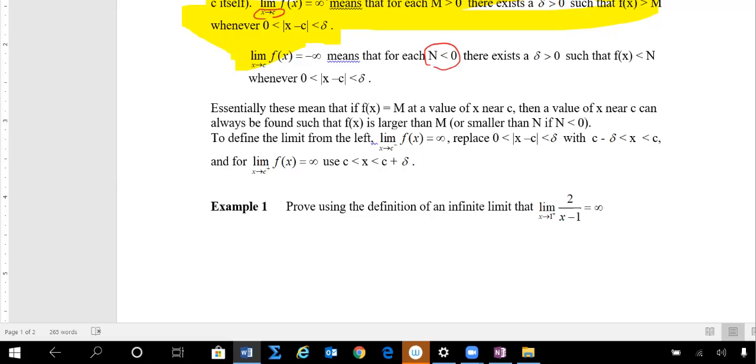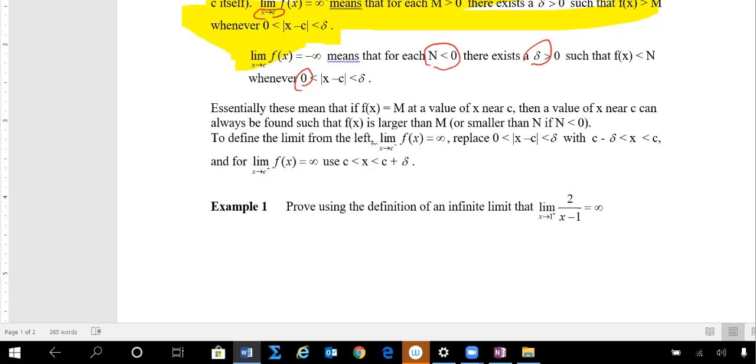Whatever n is given, we can find a delta such that f of x will be less than n whenever x is within delta of c, plus or minus delta away from c. That's what this is saying. And it also says that we don't want x to be equal to c. That's what this zero tells us. x cannot be equal to c in the definition.